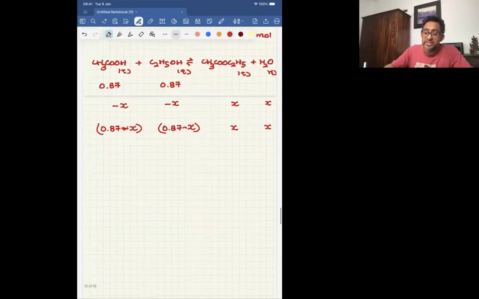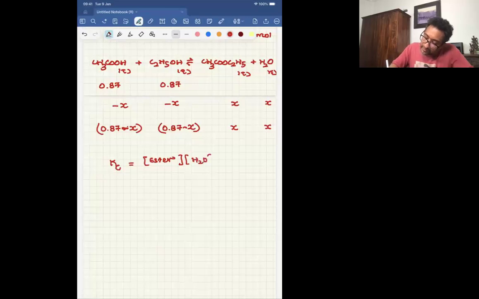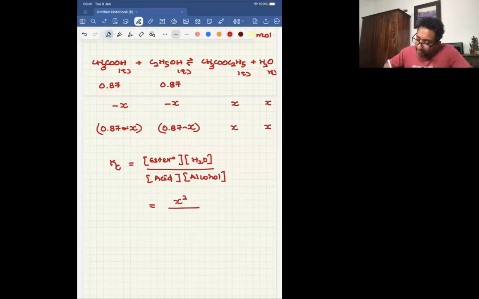Volume is the same. So Kc is equal to ester times water divided by acid times alcohol. That gives you x squared divided by (0.87 minus x) squared is equal to 4.